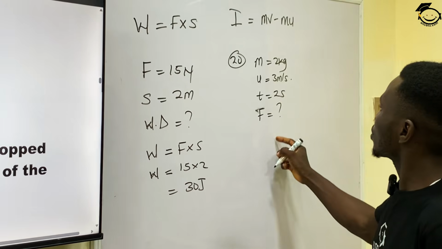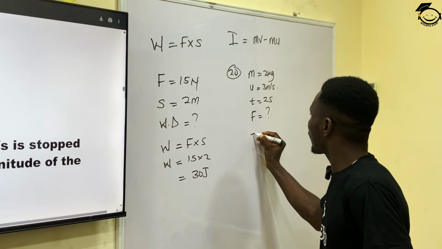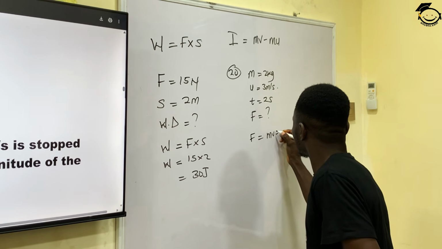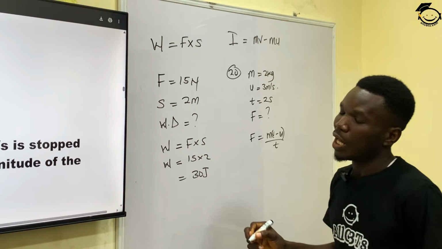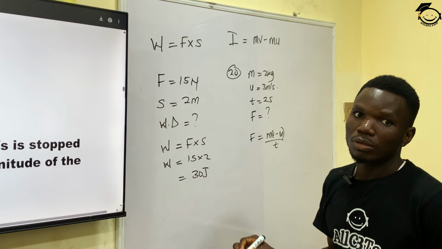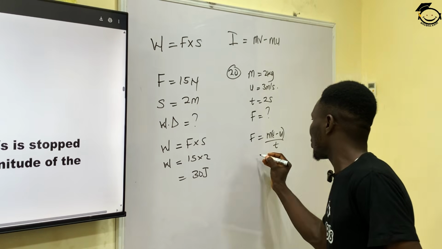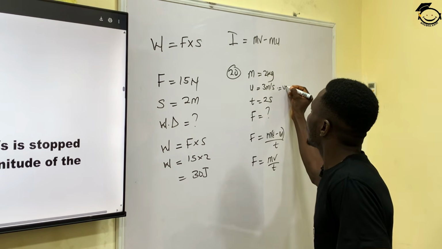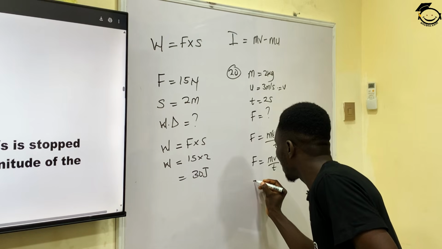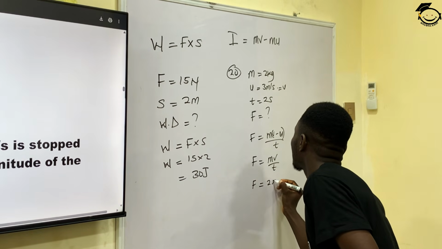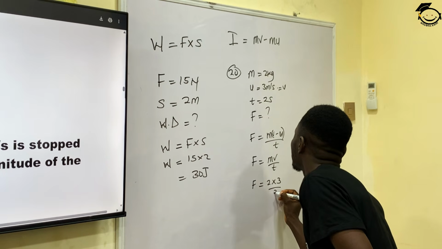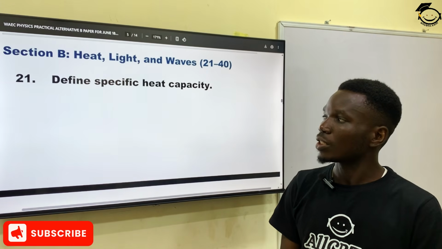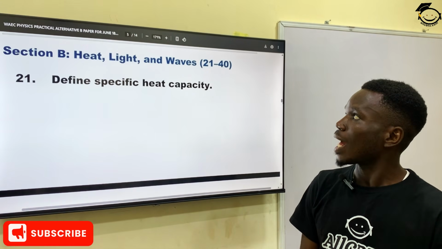With this question, you know that our force is equal to m(v minus u) over t, from our formula on Newton's second law of motion. This is the same as saying that my force here is mv over t, as the final velocity is also zero. So this means that my F is equal to 2 times 3 divided by 2, which means that my force here is 3 Newton. Okay, moving on to section B, where we have heat, light, and waves.